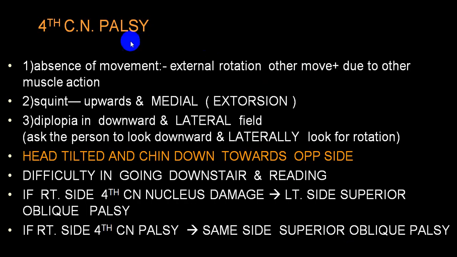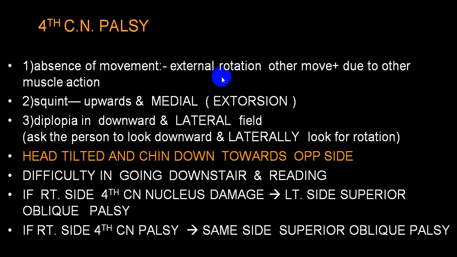So in a fourth cranial palsy, absence of movement, squint, fourth cranial nerve, sorry. So fourth cranial nerve is supplying superior oblique. So superior oblique movement will be downwards and medially. So eyeball will be moving upward. Absence of movement, external rotation, movement due to other muscle action.